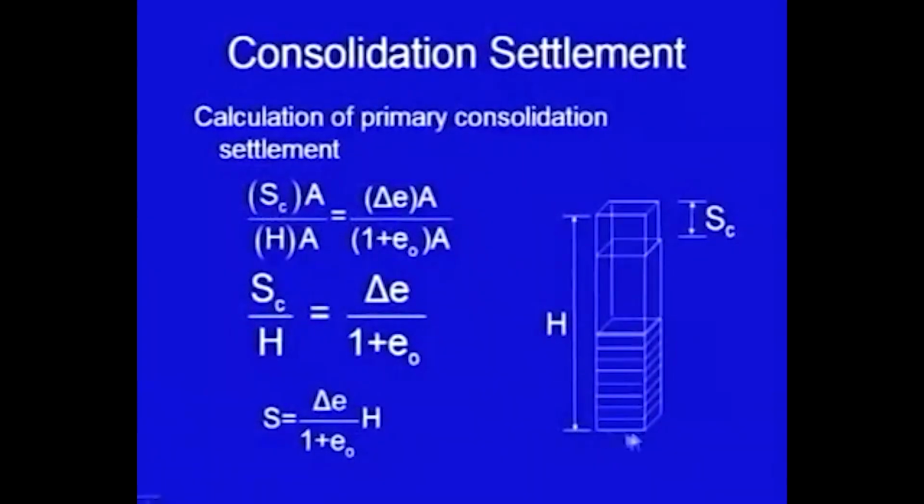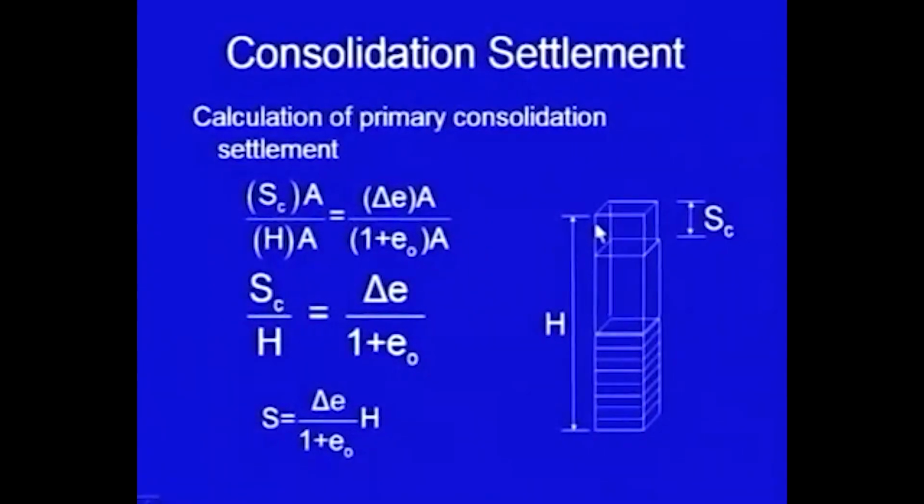Let us now go to how we have to use these values in the field. Here I have shown the soil mass of depth H, and let us say a building is constructed over here, and because of that load there is settlement.